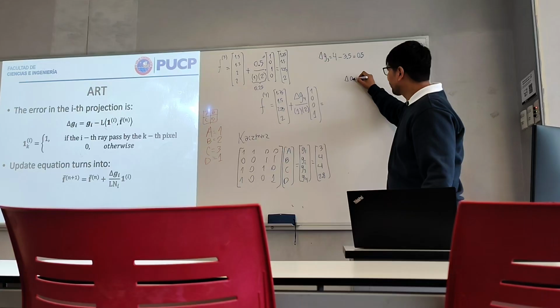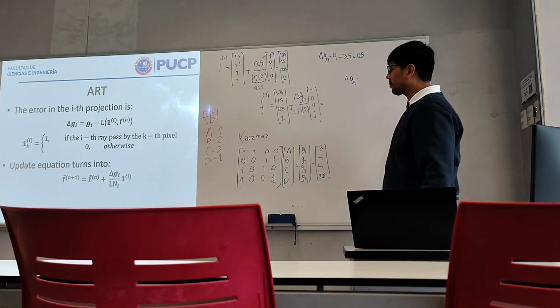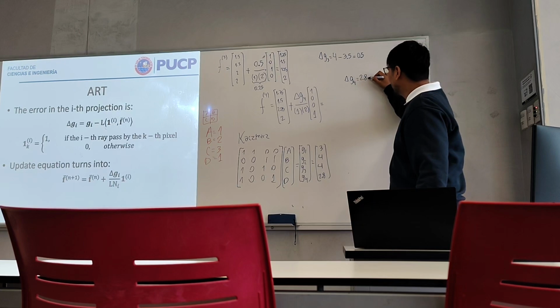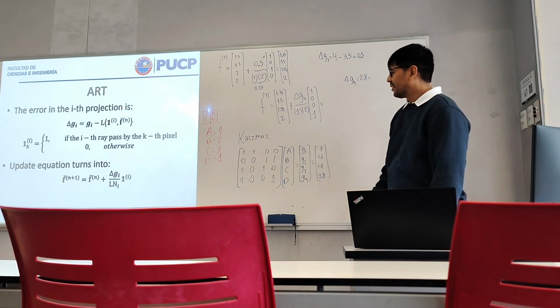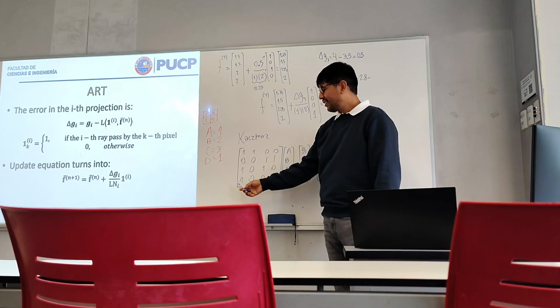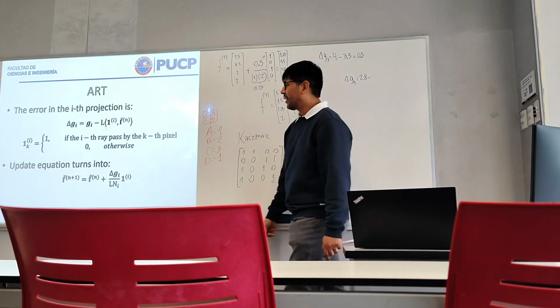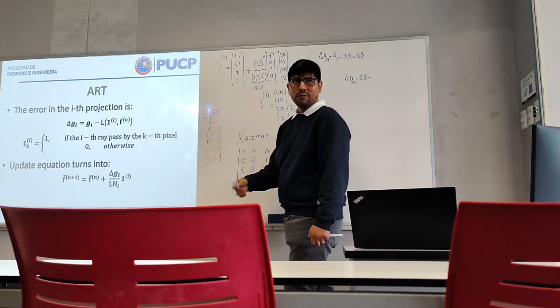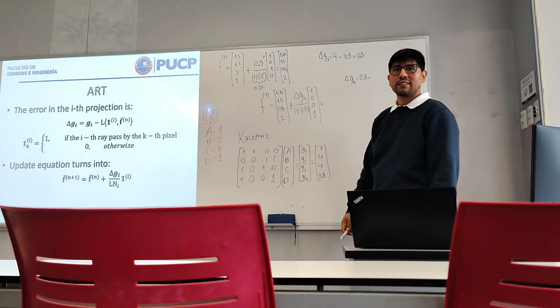How much is delta G4? 2.8. Minus, no, the inner product, right? And that is the inner product of the vector of ones and the current solution, right?